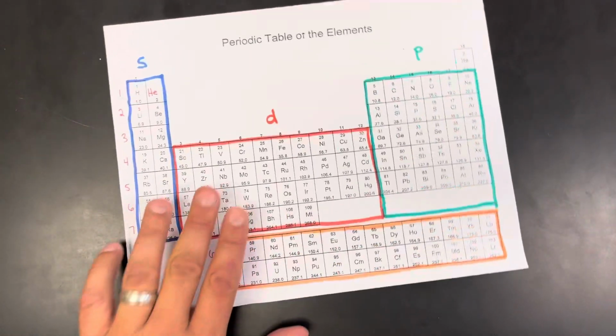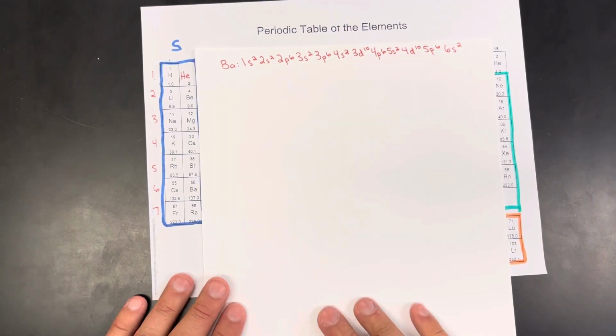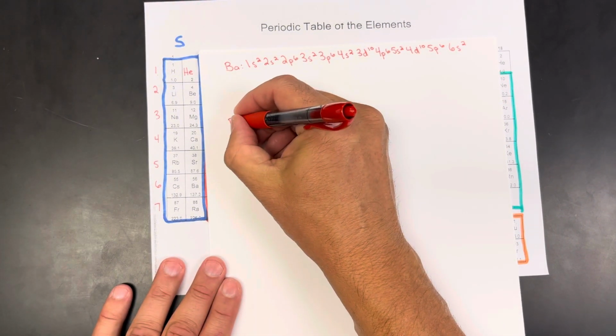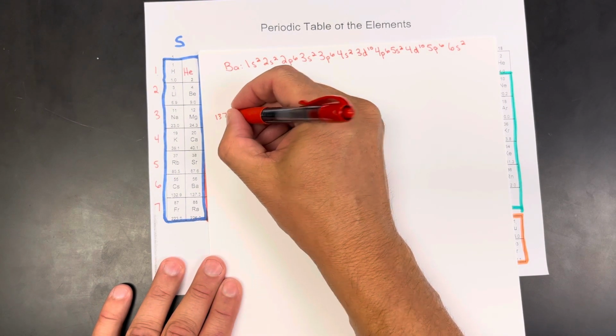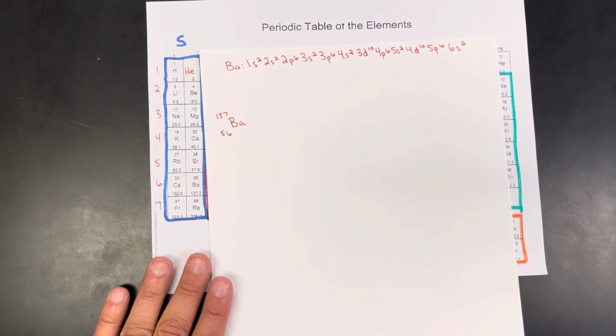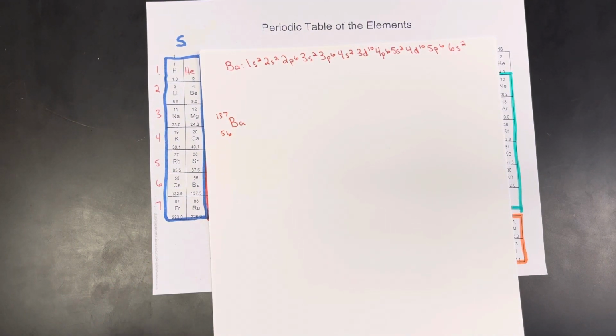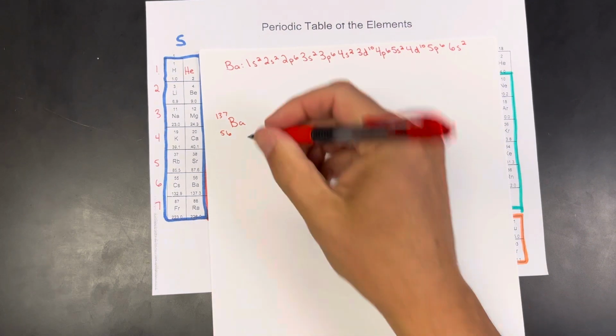And if we were going back to look at barium very quickly, okay? This is a massive atom, okay? Barium has a mass of 137 and atomic number of 56, okay? So if we were looking at calculating the protons, electrons, and neutrons for this, the protons would be 56.